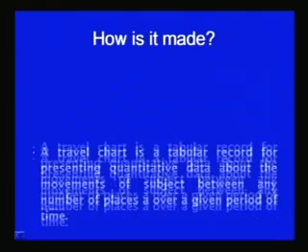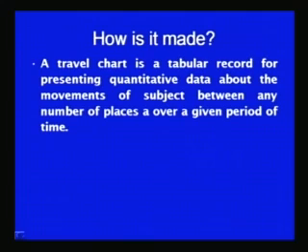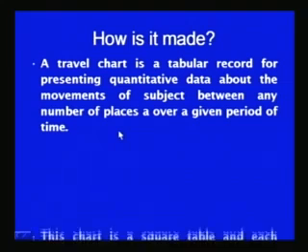How it is made, you will see the process of preparing the travel chart is very simple. It is a tabular record. A travel chart is basically in tabular form, which records the quantitative data about the movement of the subject between any number of places over a given period of time.